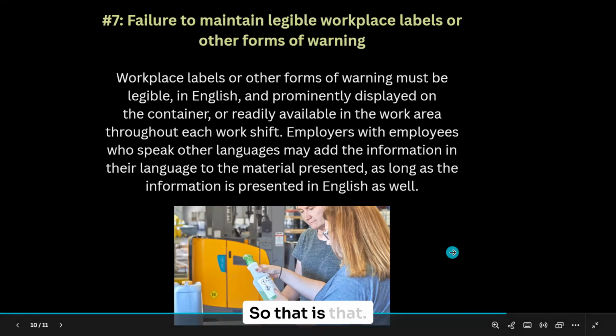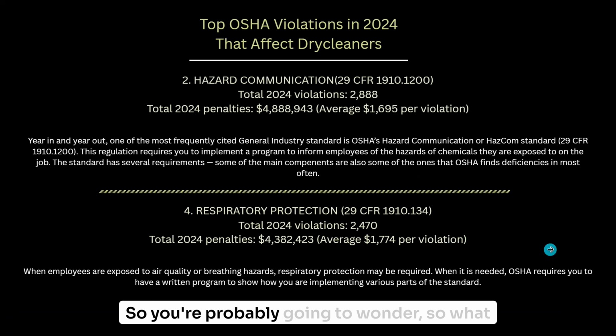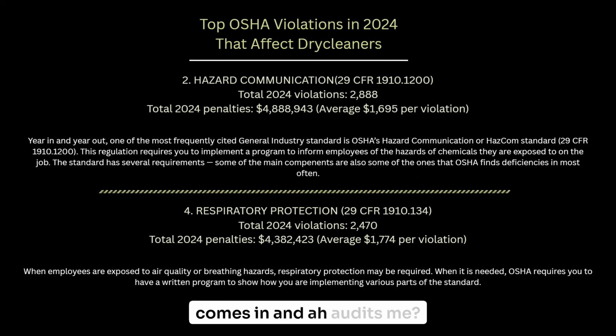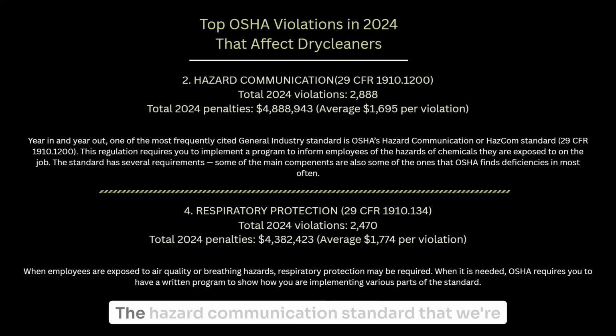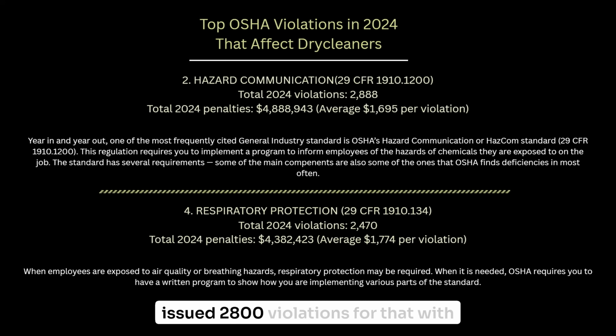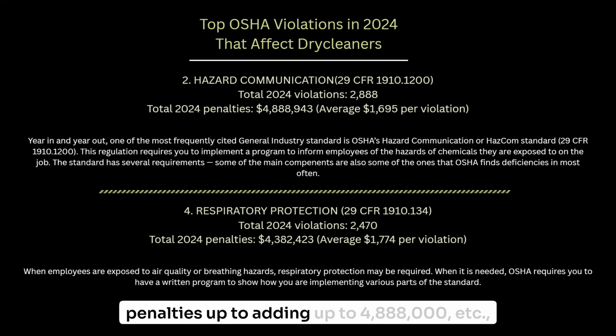So that is that. So you're probably going to wonder, what is this going to cost me if OSHA comes in and audits me? For these particular violations, the first one, the hazard communication standard that we're talking about, in 2024, as you can see, OSHA issued 2,800 violations for that, with penalties adding up to 4,888,000, et cetera, which is an average of $1,695 per violation.